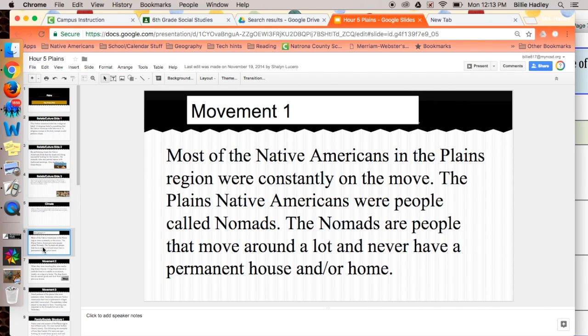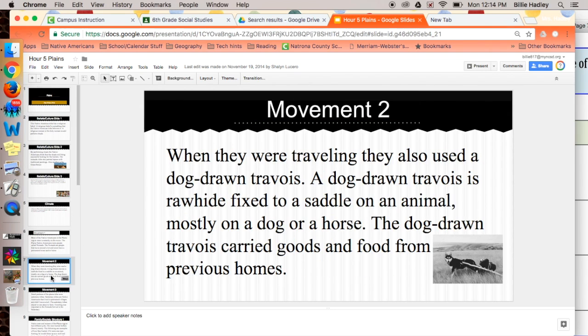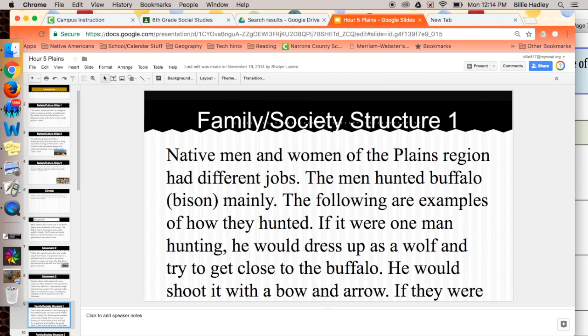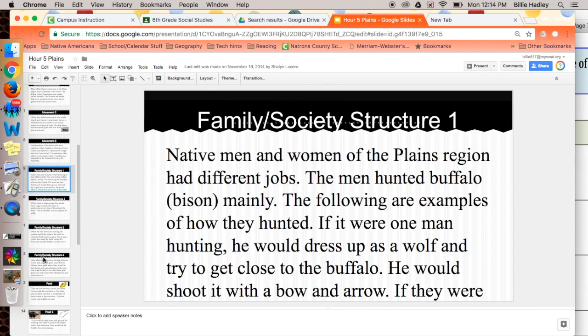Let me keep looking. Most of the Native Americans were constantly on the move, traveling, didn't move at all. Here we go. Native men and women of the plains had different jobs. The men hunted buffalo. And it talks about how they shoot or how they kill the buffalo.